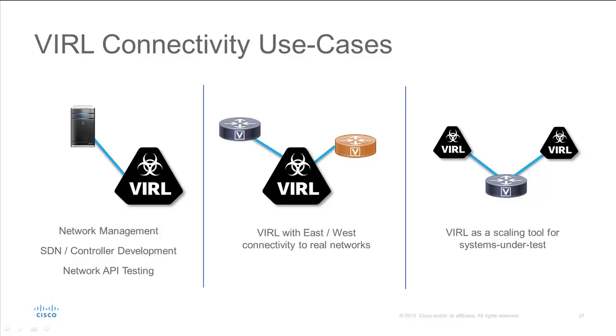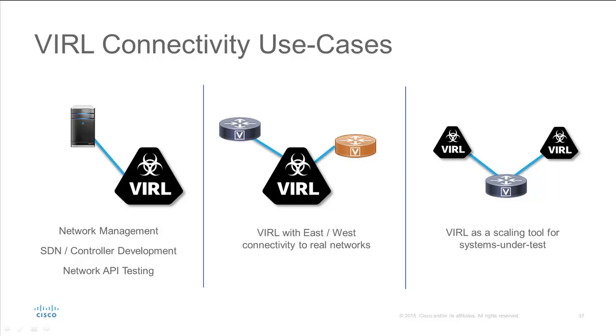In the middle, we may have a VIRL simulation that we want to connect to one or more real external networks so that we can get a larger simulation space or see how my VIRL simulation is going to behave when it sees a large number of external routers and other network devices. So that's VIRL surrounded east and west by real networks.